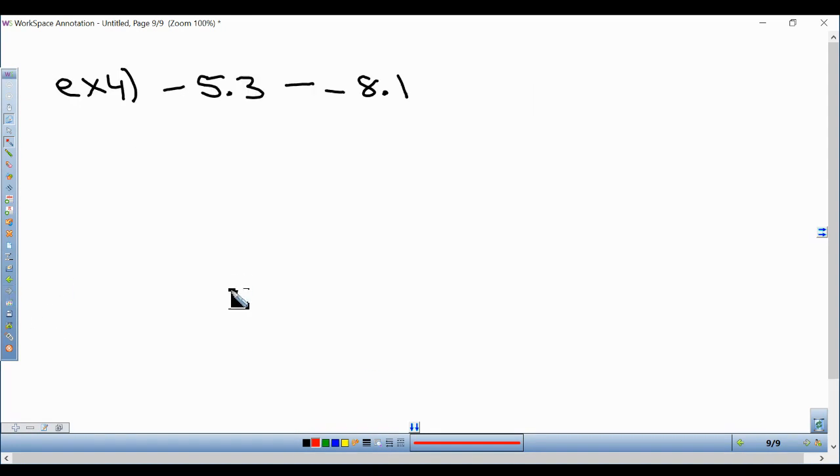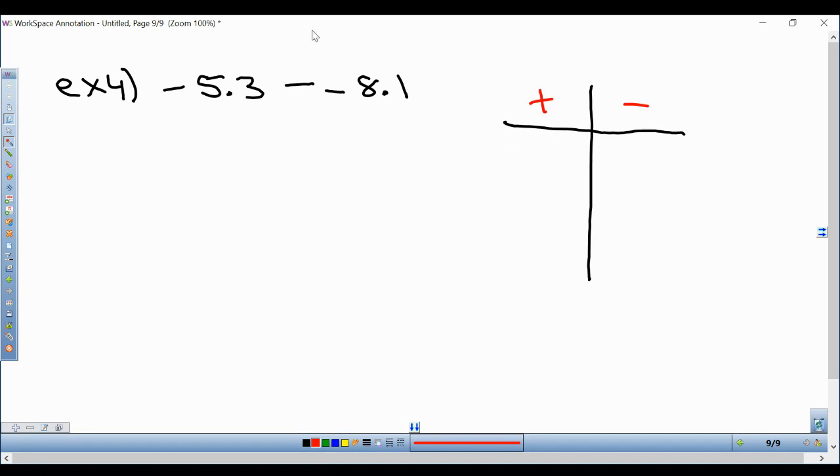We have one more example. Negative 5.3 minus negative 8.1. This one's got a lot of negative signs in it. So we're going to go ahead and get our scoreboard, a positive team and a negative team.